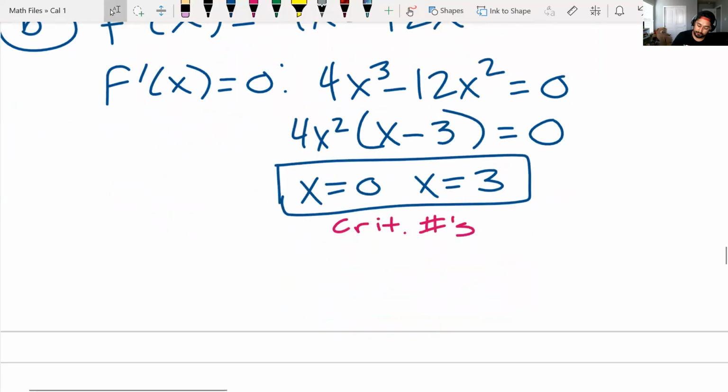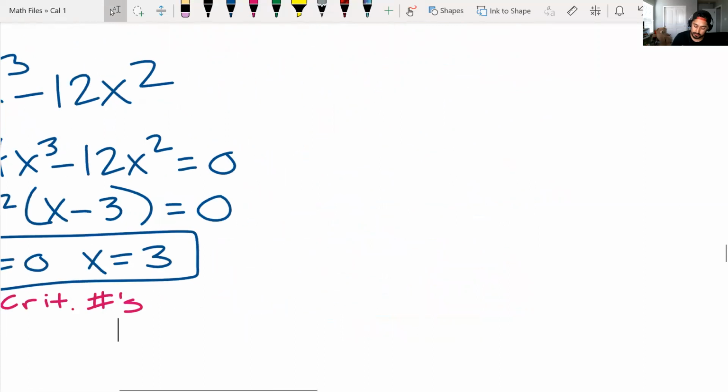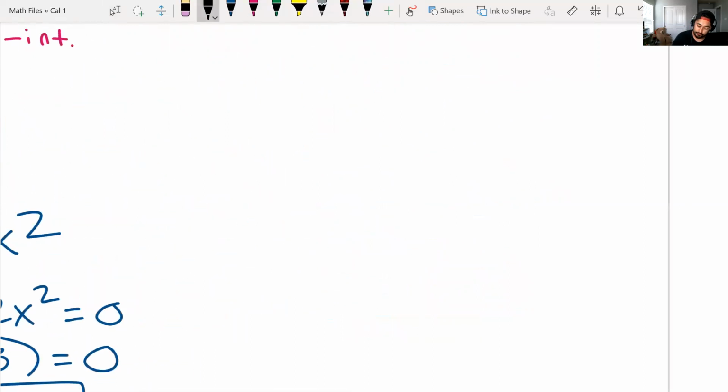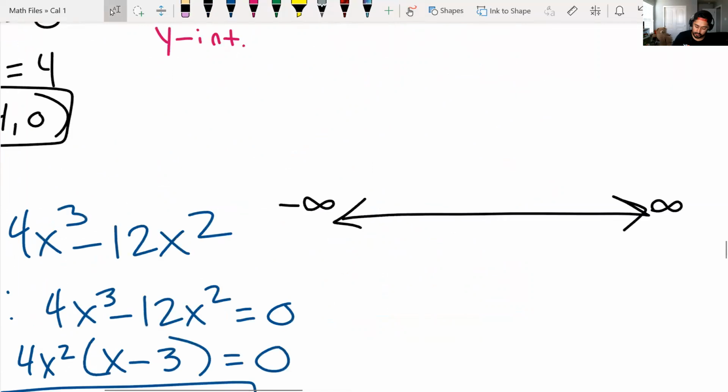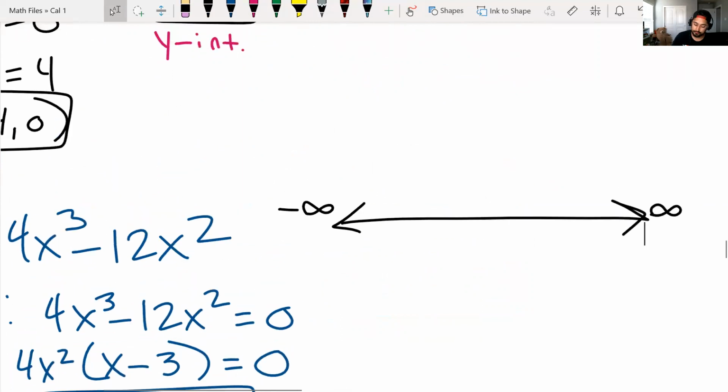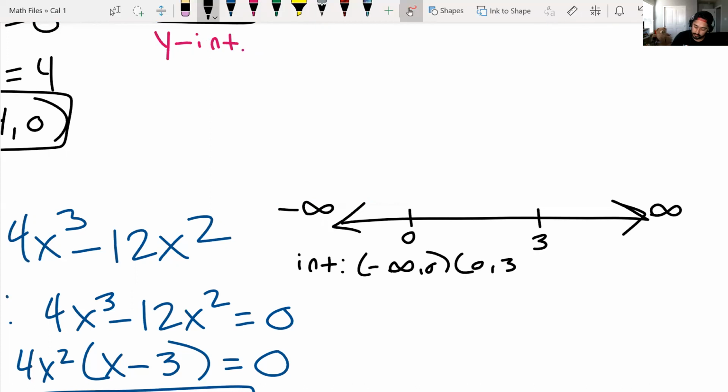And then for step B, we make a sign chart. So I'll put that over here. Sign chart. Here's negative infinity, here's infinity. Plot my critical numbers, which were 0 and 3. Now you see my intervals: negative infinity to 0, 0 to 3, 3 to infinity.